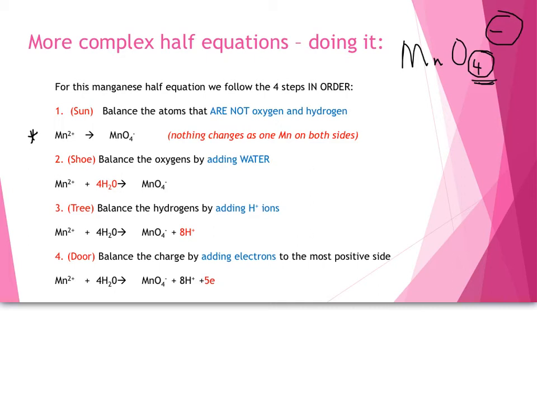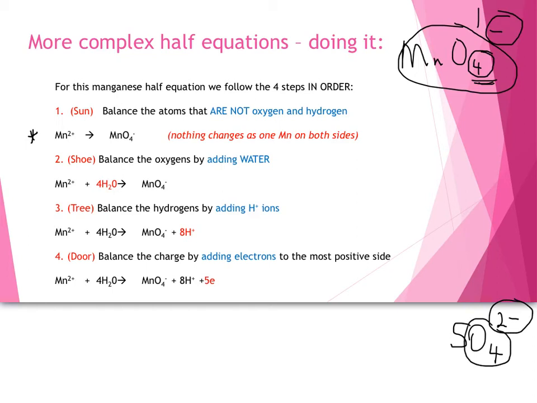So there's 4 oxygens in this polyatomic ion, and there's a 1 minus charge on it. Something like sulfate, for example, may be like this. So there's a 2 minus charge, and there are 4 oxygens in this polyatomic ion.